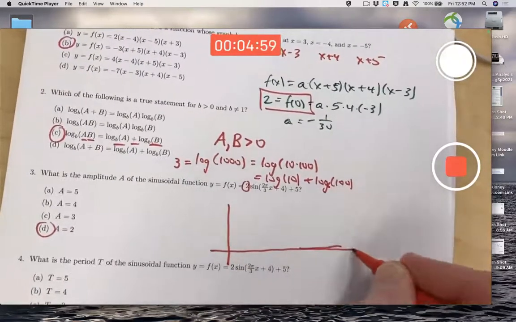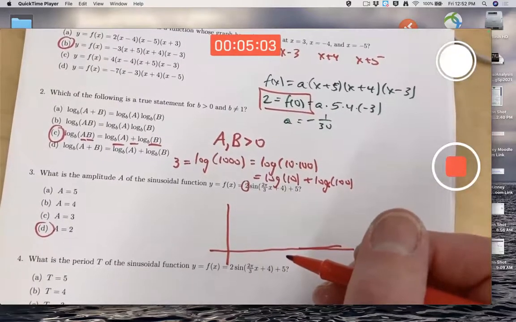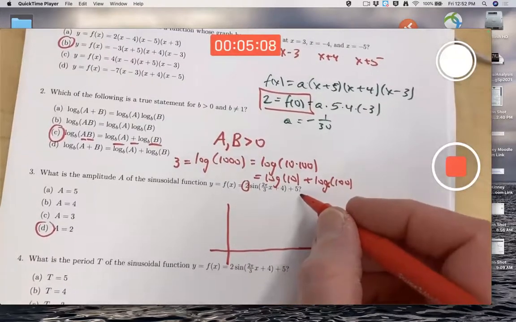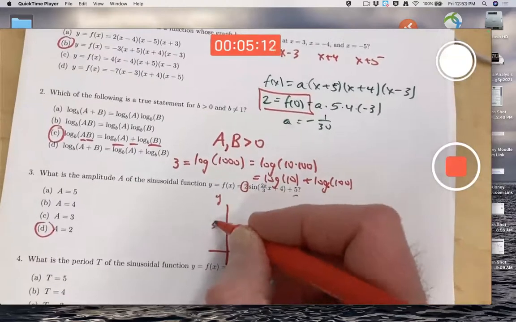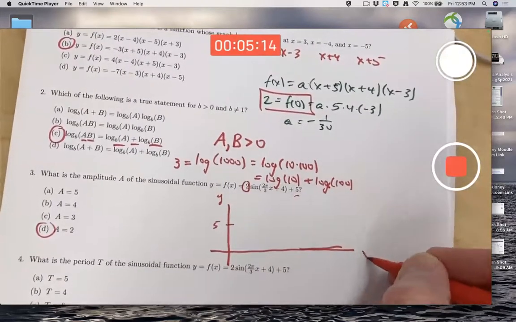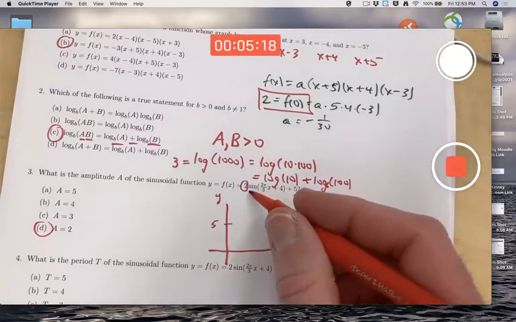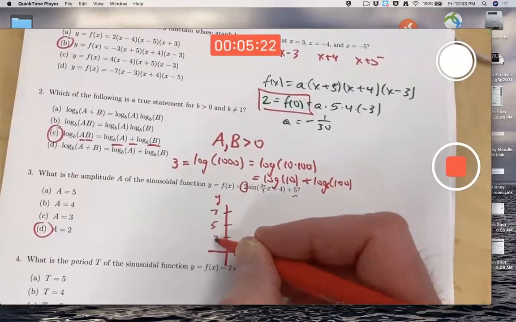It's half the distance between the peaks and the valleys, the maxes and the mins, half the vertical distance. So this one has a vertical shift of 5, so it's centered at y equals 5. Having an amplitude of 2 means the highest value is 7 and the lowest value is 3.